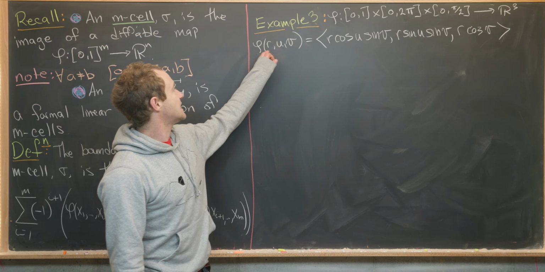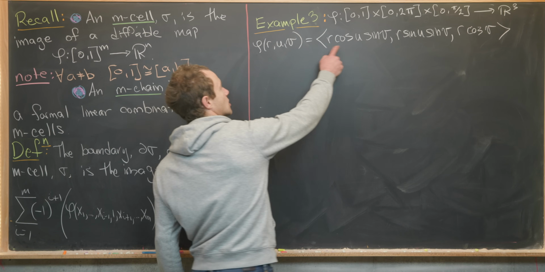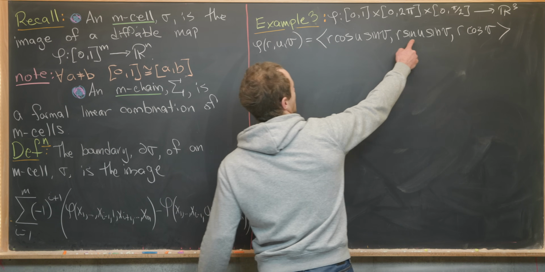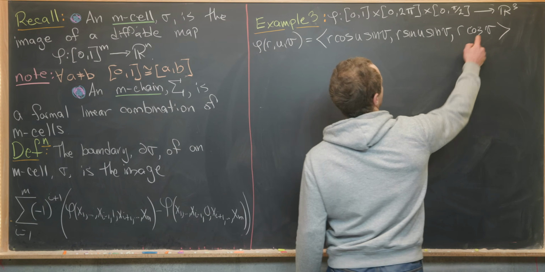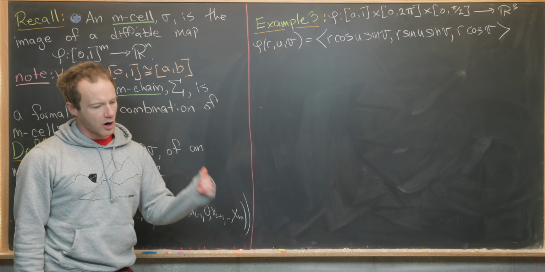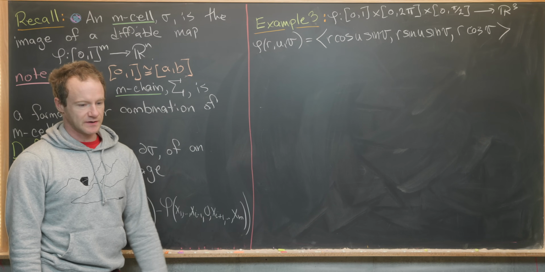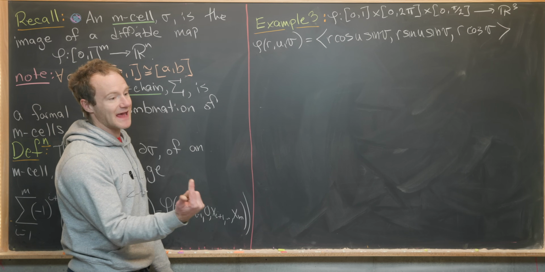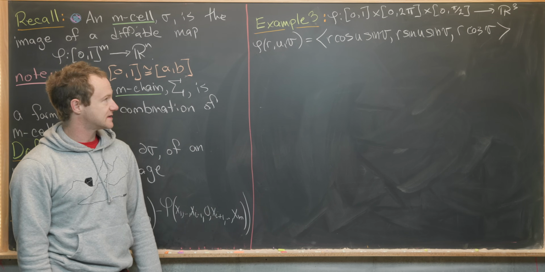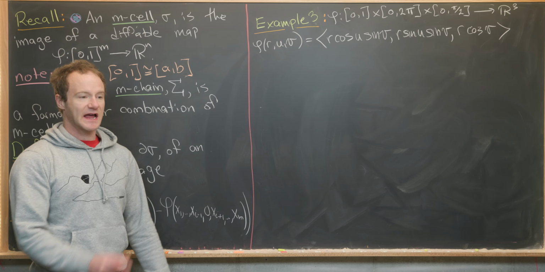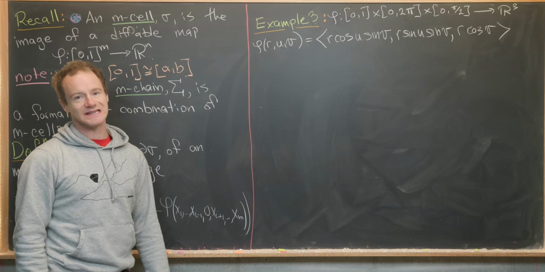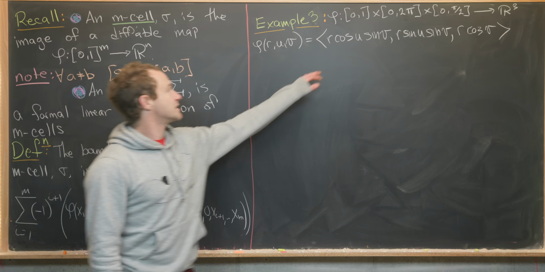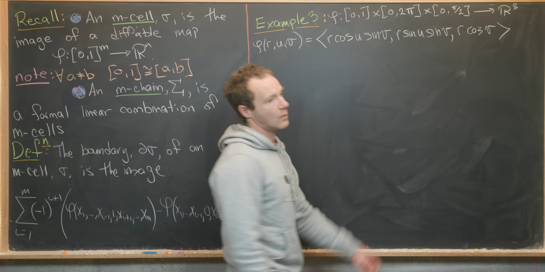So we've got phi of (r, u, v) is (r cosine u sine v, r sine u sine v, r cosine v). So r is like our distance from the origin. U is like our polar angle, so that's going to be the angle from the positive x-axis. And v is like our angle from the positive z-axis. So notice we're taking r from 0 to 1.